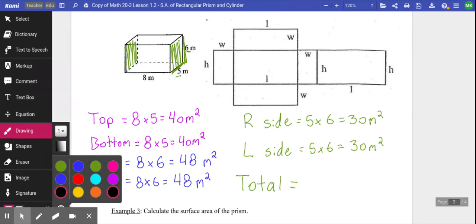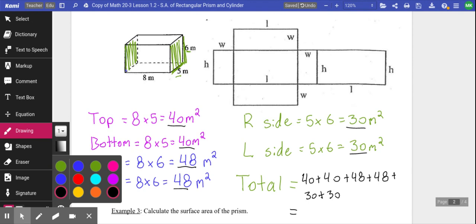So if I do 40 plus 40, right, that's the top and the bottom, plus 48 plus 48, that's the front and the back, plus 30 plus 30. 236 is what you got? Yeah.